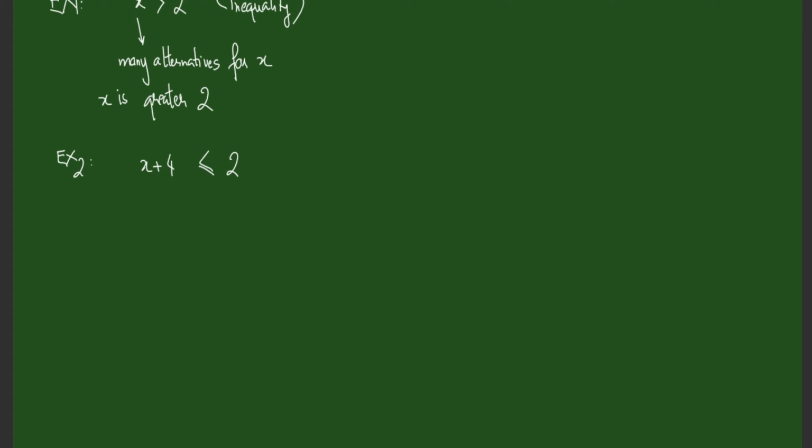This is also an inequality, and x plus 4 is the first quantity, and 2 is the second quantity. So I can say that x plus 4 is less than or equal to 2. So this is an inequality.